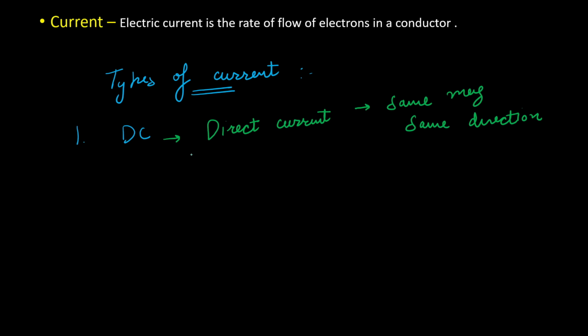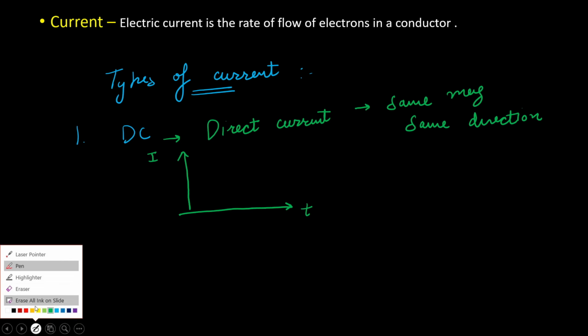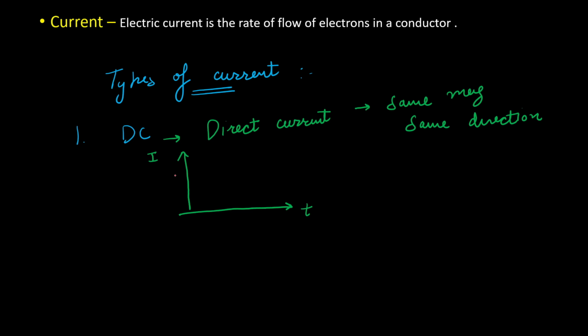If we plot its waveform, the x-axis represents time and the y-axis represents current. In direct current, the magnitude remains constant irrespective of changes in time.